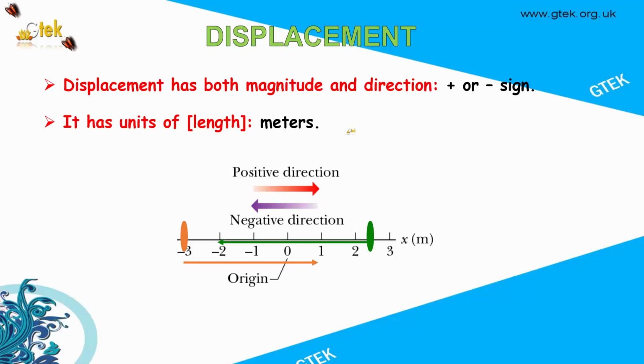You can see here the positive direction and the negative direction and how it acts. From the origin point we can find the positive direction over this side and the negative direction over this side. So as the statement proclaims, displacement has both magnitude and direction, in terms of positive direction and negative direction.